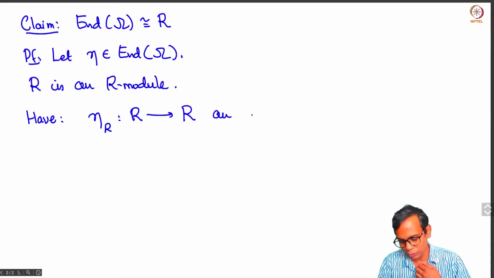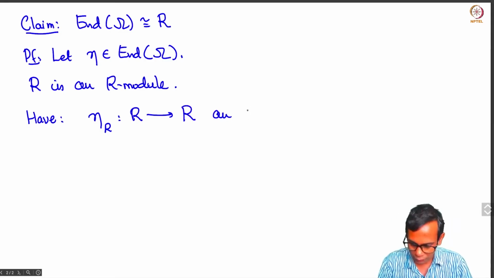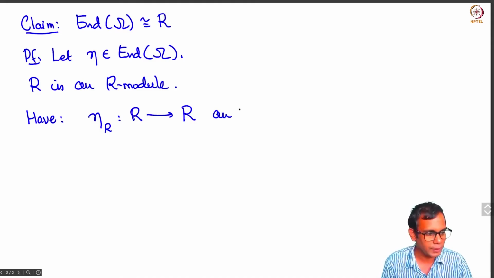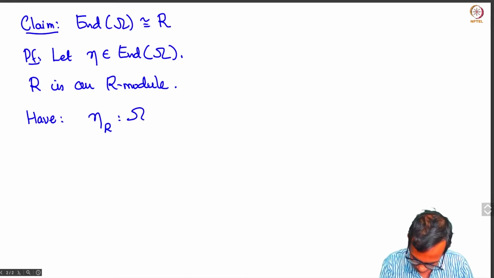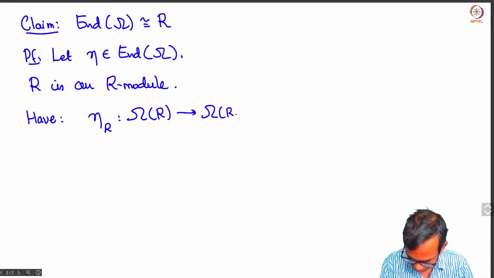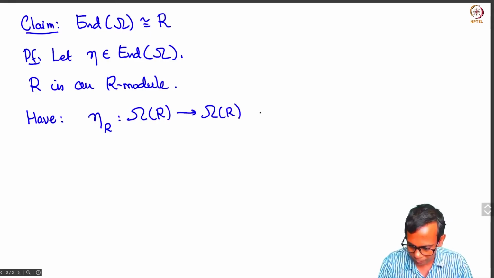No, not an R-module homomorphism, a homomorphism of abelian groups, because well, eta_R should be from omega R to omega R. A homomorphism of groups.